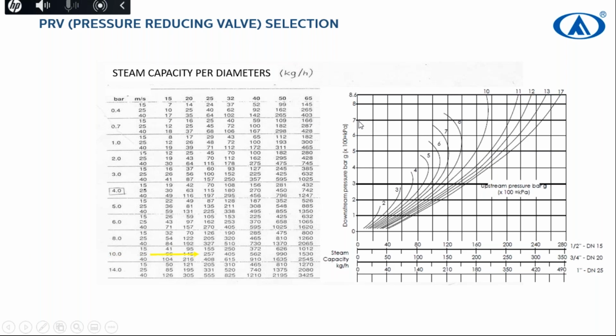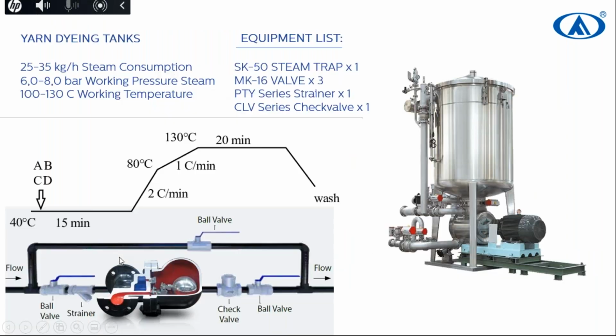For example, for 10 ton per hour and 200 kilogram per hour steam capacity, for that example. 10 bar, let's start again.